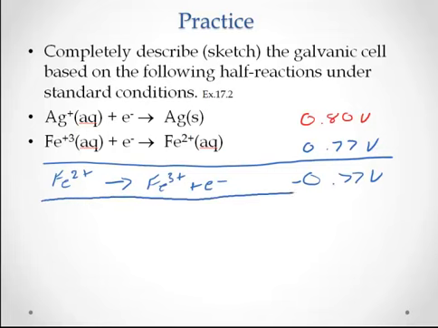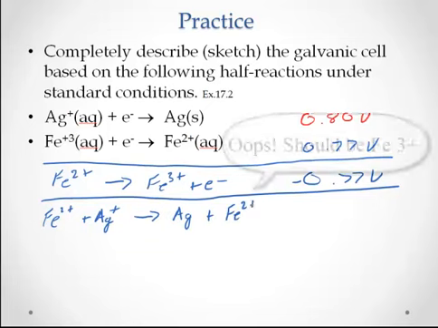Now I'll write out the whole cell. I've got Fe2+ plus Ag+ yields Ag solid plus Fe3+.